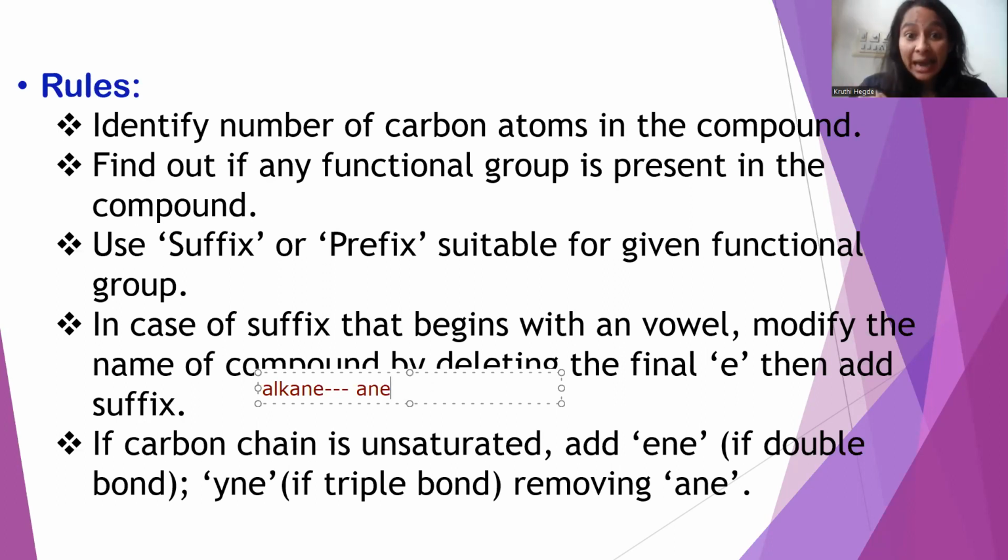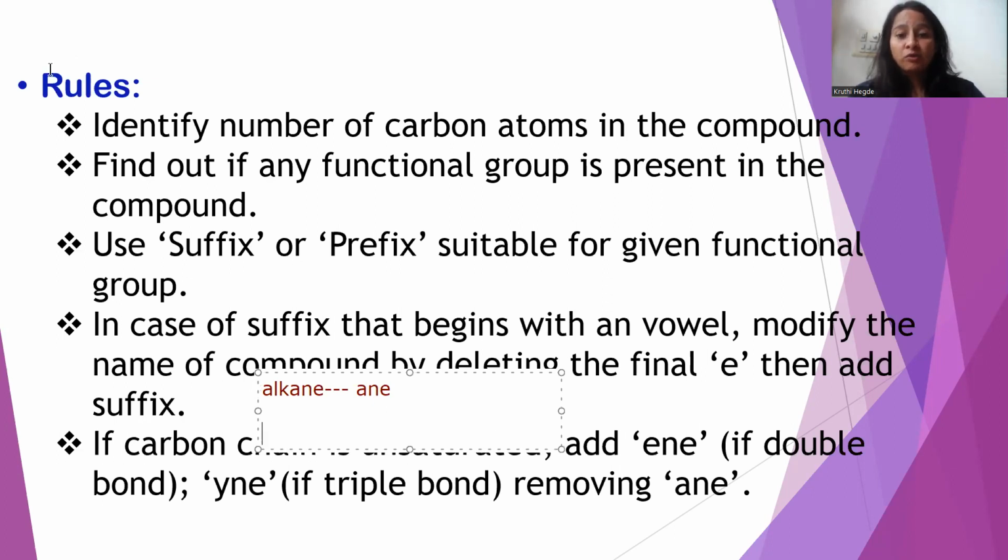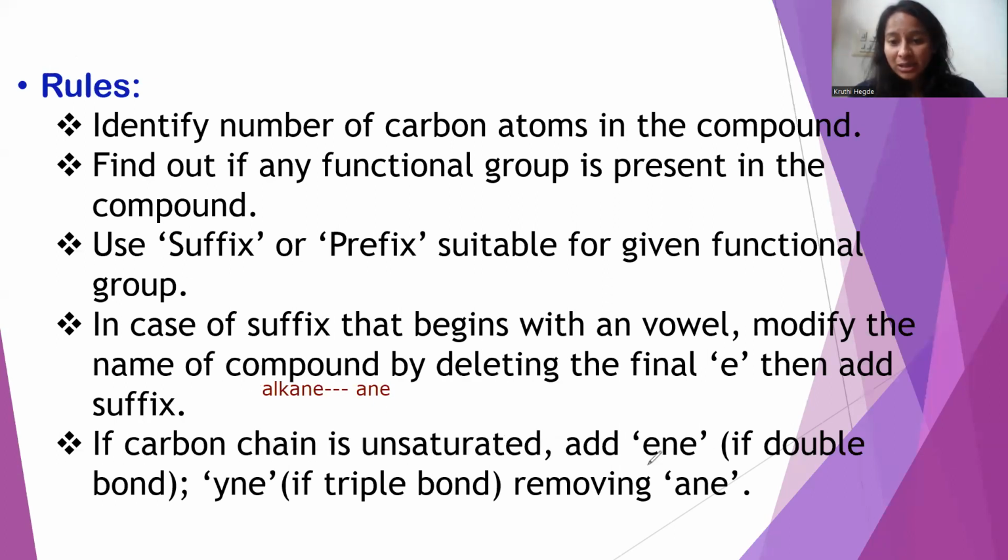If it is unsaturated and a double bond is there, then we'll go for ene. Unsaturated with a double bond, we say ene. If it is a triple bond, then we'll add I in the place of A. Got it? This is the last rule for naming of organic compounds based on the IUPAC rule. Now, moving ahead.